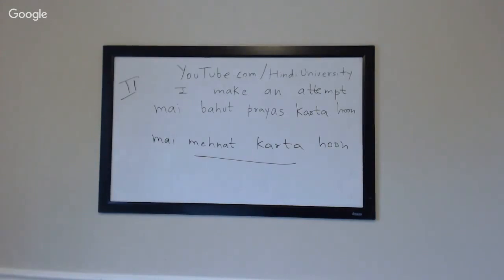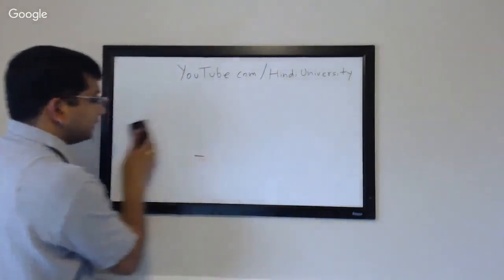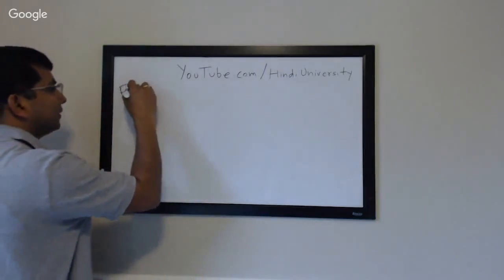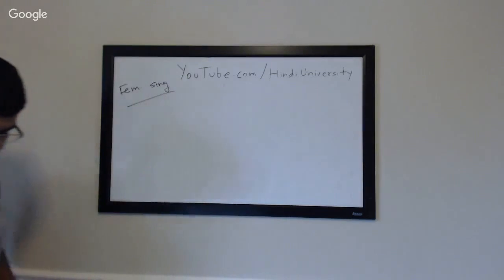So now so far you've done masculine singular and masculine plural. I'll jump on to the third one, which is the feminine singular. Okay, so I'll give one example and then the rest of them we can do using the exercise.